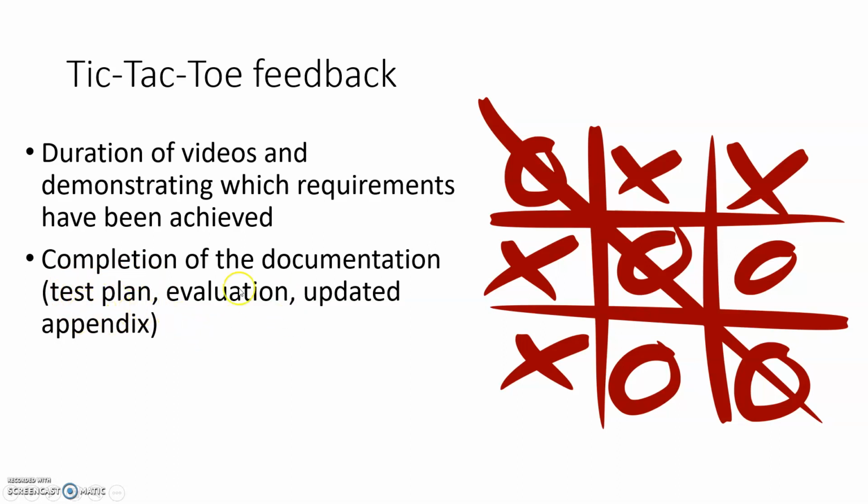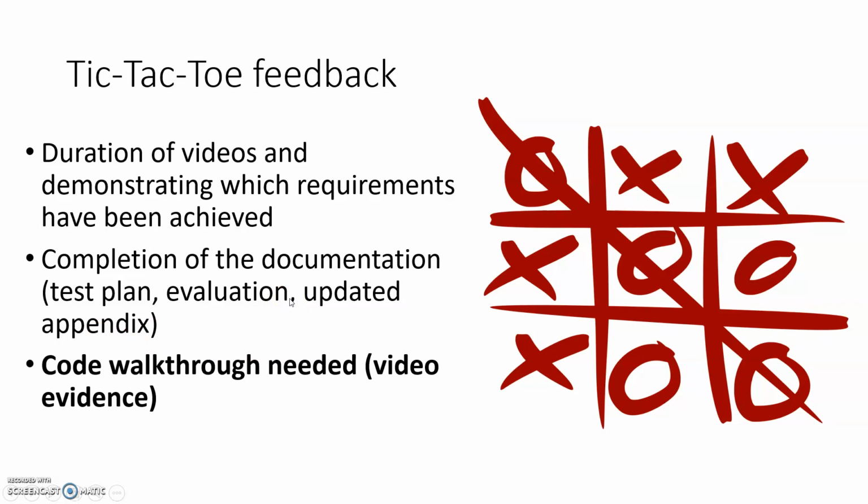And an evaluation, which basically consists of RAG rating those client requirements. Again, if you need help understanding what to do there, go back to the videos that were on Teams before half term that explain what I want in those sections. So make sure that's fully complete, please, and also that you've updated your appendix.